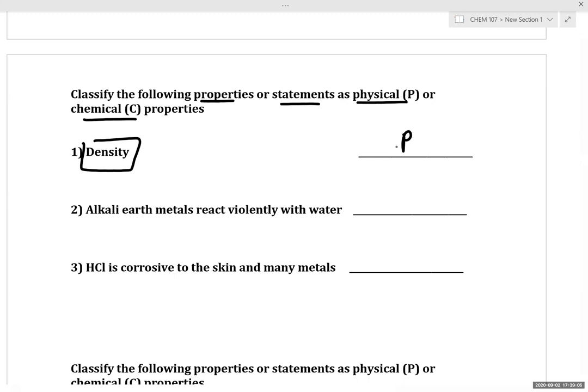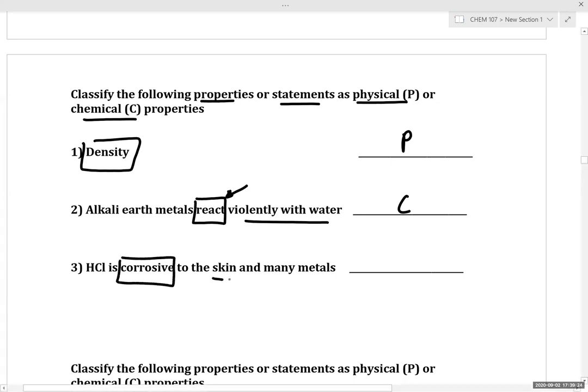The next statement, alkali earth metals react. So I see the keyword react. They react violently with water. So this keyword react tells us we're dealing with a chemical change. The last one, hydrochloric acid is corrosive to the skin and metals.